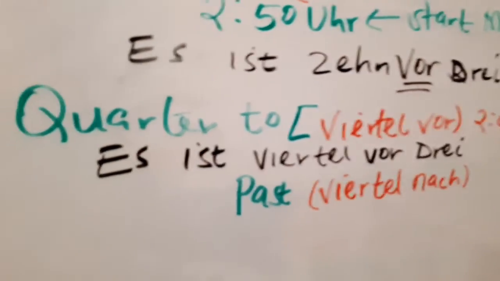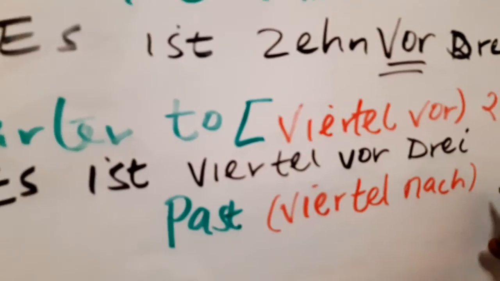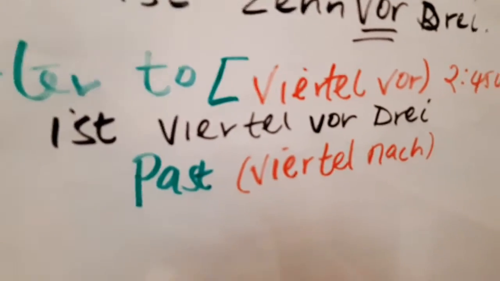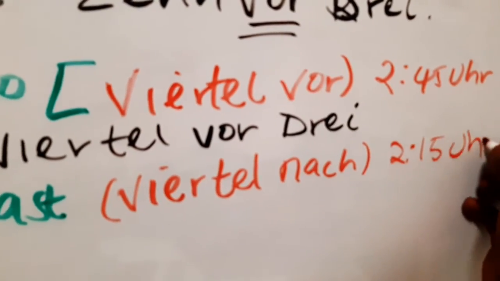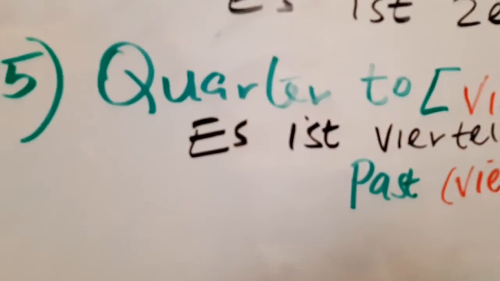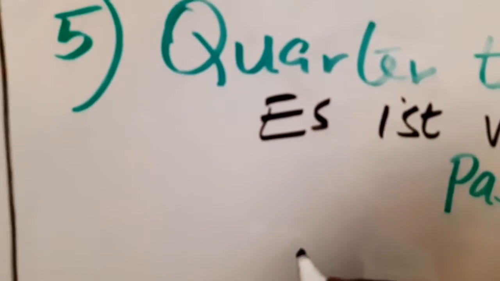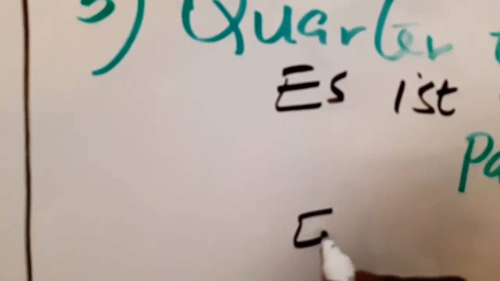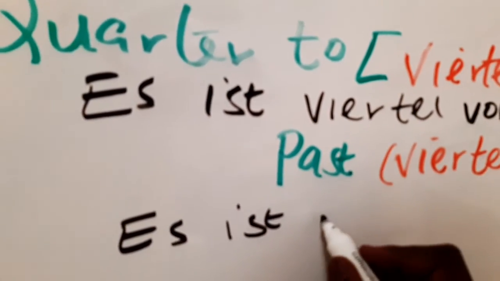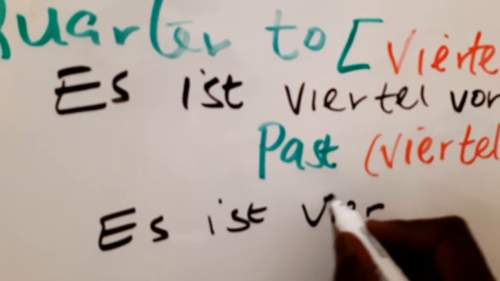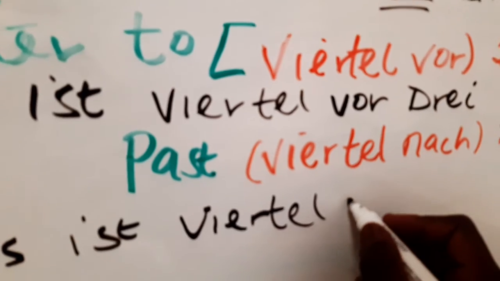Okay, so here if we want to say, for example, let's say 2:15, so here it means it's 15 minutes past 2, so it will be es ist Viertel nach.